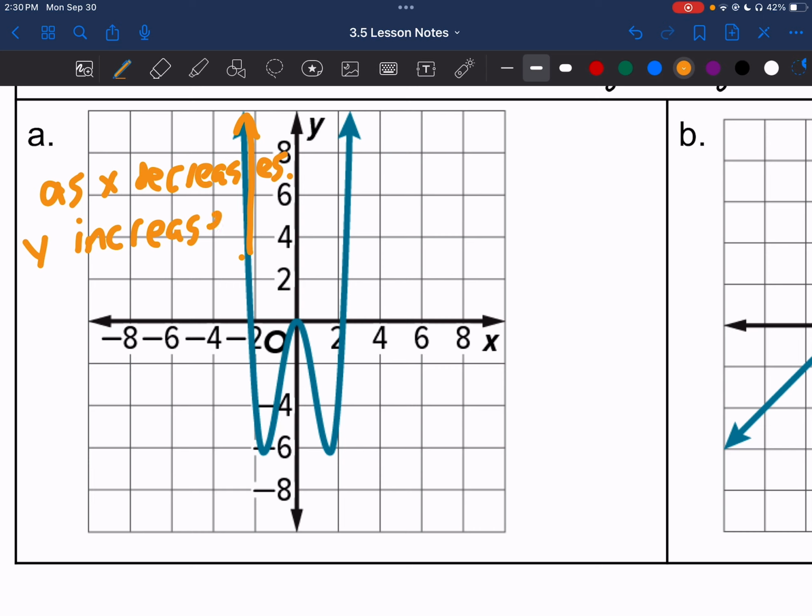Right? As x gets further to the left, our y values are getting higher and higher. On the right side, as x increases, our y values also increase.